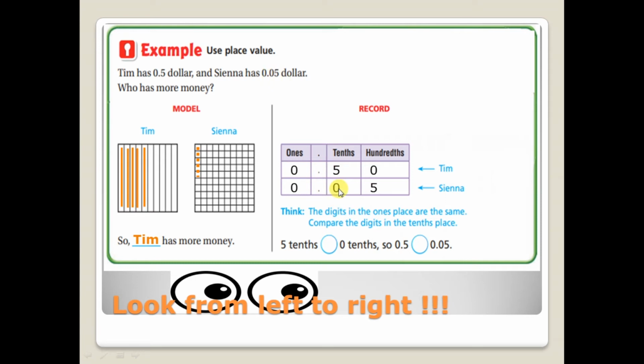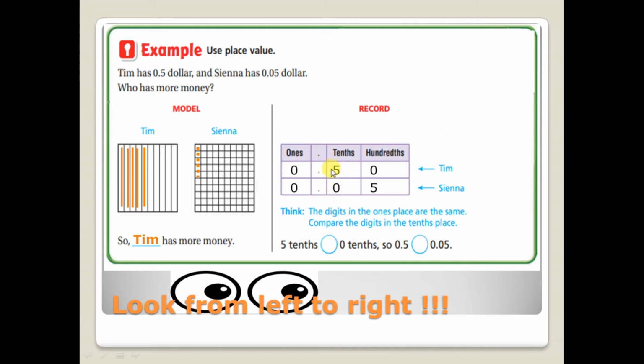So now let's start comparing. Be aware that to judge between numbers, we have to compare from left to right. So first let's compare 0 and 0. It's the same, so let's move to the next number. 5 in tenths and 0 in tenths.